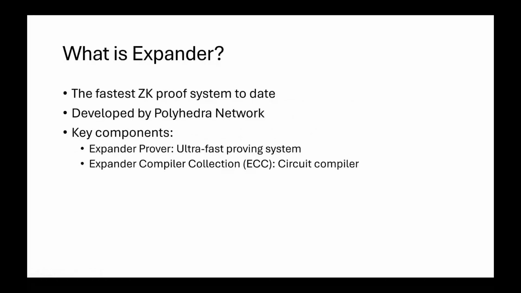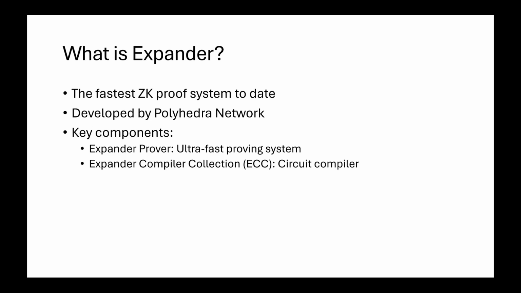First, let's see this question. What is Expander? Expander is the fastest proof system to date, and is developed by Polyhedra Network. It has two key components. One is the Expander Prover, and one is the Expander compiler collection.